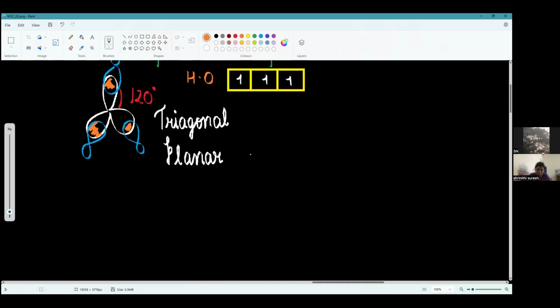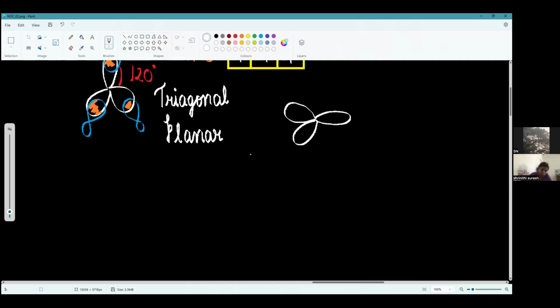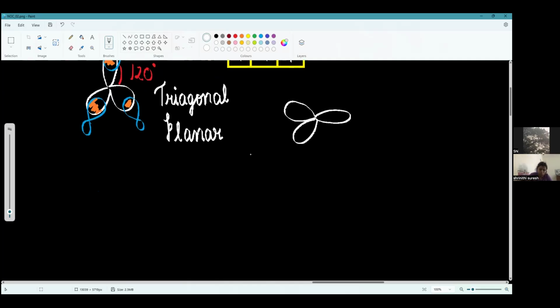Now look at the diagram. The diagram will be a little tricky. These are the 3 hybrid orbitals of the first carbon. This is the first carbon, its first orbital. Then at an angle of 120 degrees the second, and at an angle of 120 degrees the third hybrid orbital. Now there are 2 carbon atoms in C2H4, so the second carbon atom will also undergo sp2 hybridization.